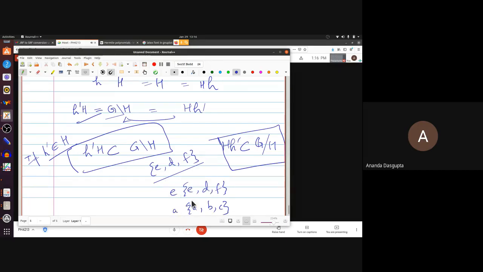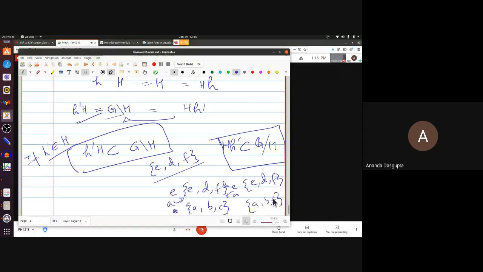If you took A with this, you end up with ABC. Whether you take A or B or C doesn't matter, you get ABC. But that's for the left coset. For the right coset also, you have no choices. The right coset would also have to be EDF if you take it with E, D or F. And when you take it with A on the right, you have to get ABC.